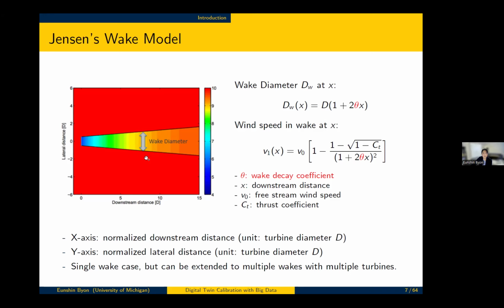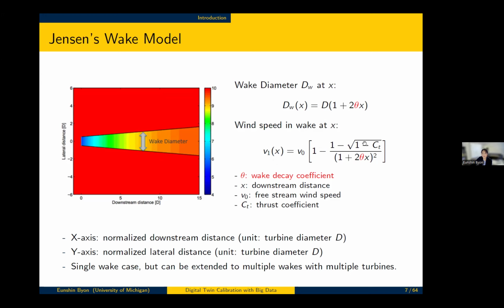This influence is characterized by the wind speed that the downstream turbine faces. V1 is the wind speed at the downstream turbine, and V0 is the wind speed at the upstream turbine, and V1 is smaller than V0 because of this wake effect. This factor is called the wind speed deficit.